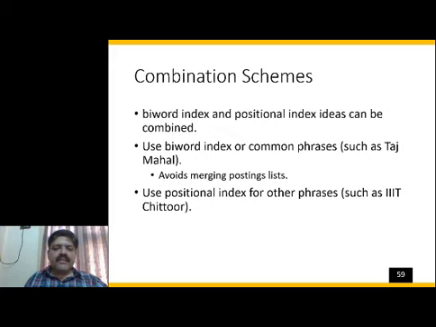In some cases, we may still use the biword index and add biwords to the index, provided the phrases are really popular. And we use the positional index in cases where we expect things to get interleaved, so that a biword match will not happen.